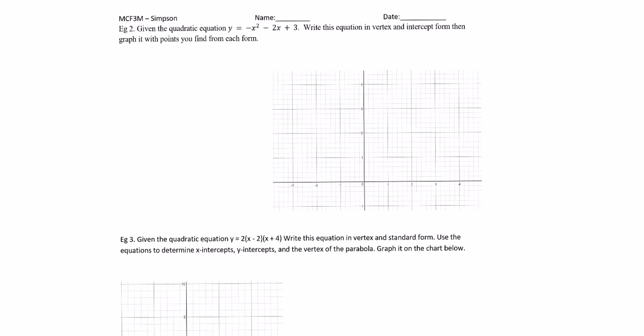We have an equation that is in standard position. We're going to have to convert it into intercept form, and we're also going to have to convert it into vertex form as well. To convert it into intercept form, we have to actually factor it.